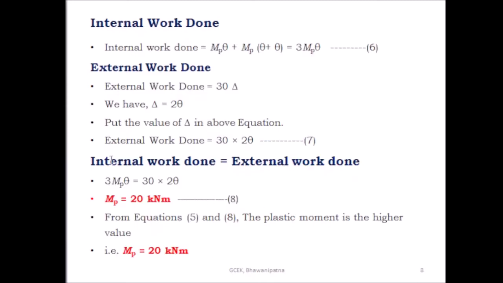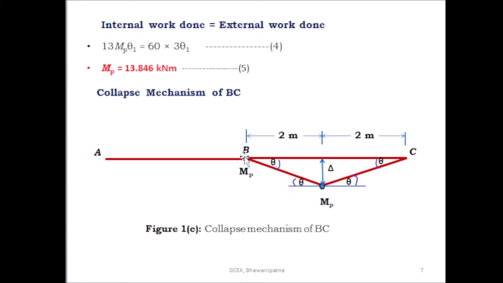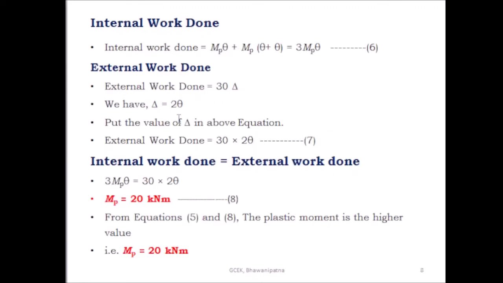So the external work done is equal to 30 into delta. This is the collapse load and this is the virtual displacement. But we know 2 into theta is equal to delta. So here you put the value of delta. Then after putting the value of delta, the external work done is equal to 30 into 2 theta.